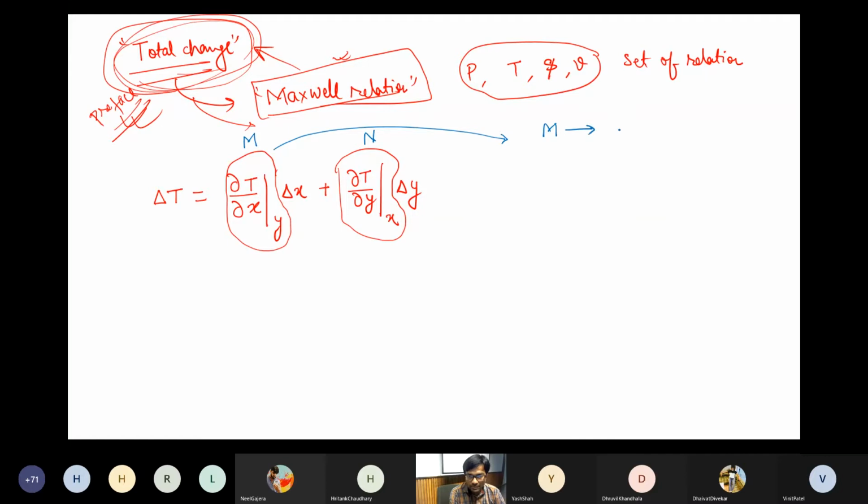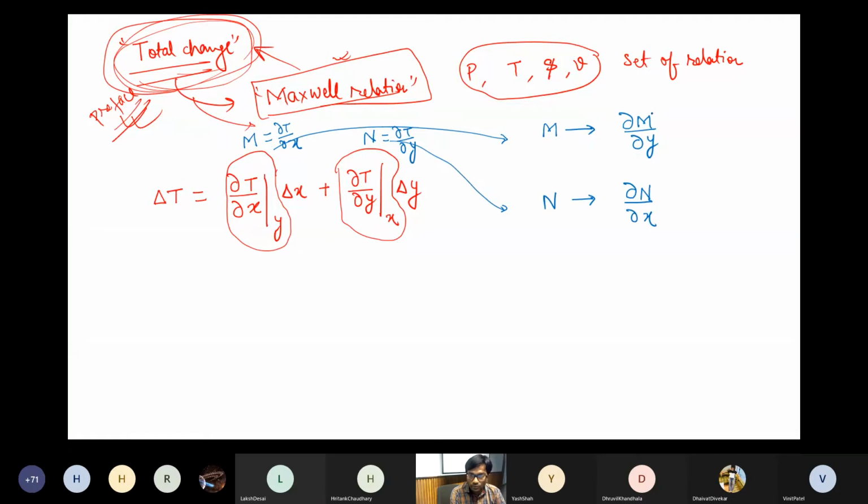In order to derive a property, I will do ∂m/∂y, and with n, I will partially differentiate this particular n with x, and let's see what happens. Okay, agree? So this ∂T/∂x I will call m, and n I will call ∂T/∂y.